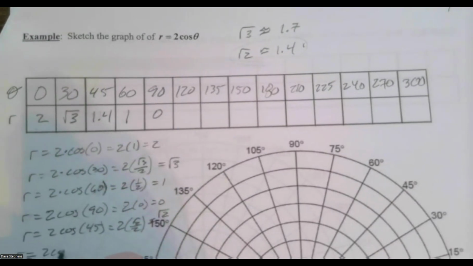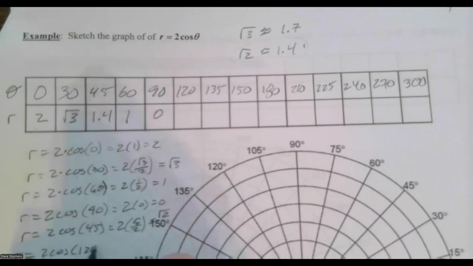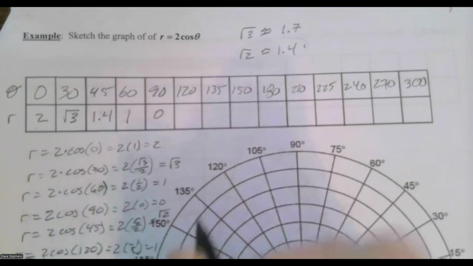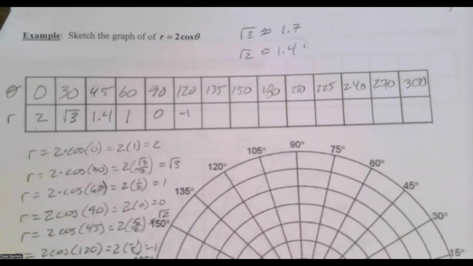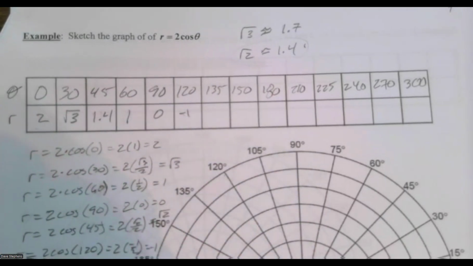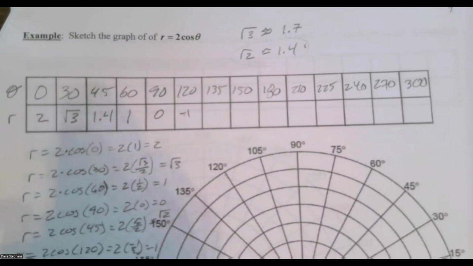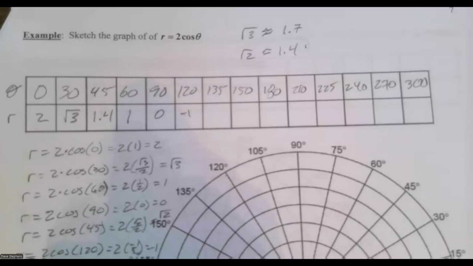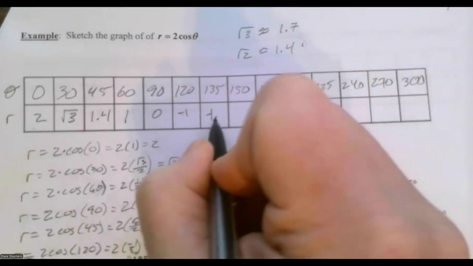So r equals 2 times the cosine of 120, which is 2 times negative 1/2, which is negative 1. Cosine of 135 is a negative root 2 over 2, so r equals 2 times the cosine of 135, which is 2 times negative root 2 over 2. So we get a negative root 2, or negative 1.4.